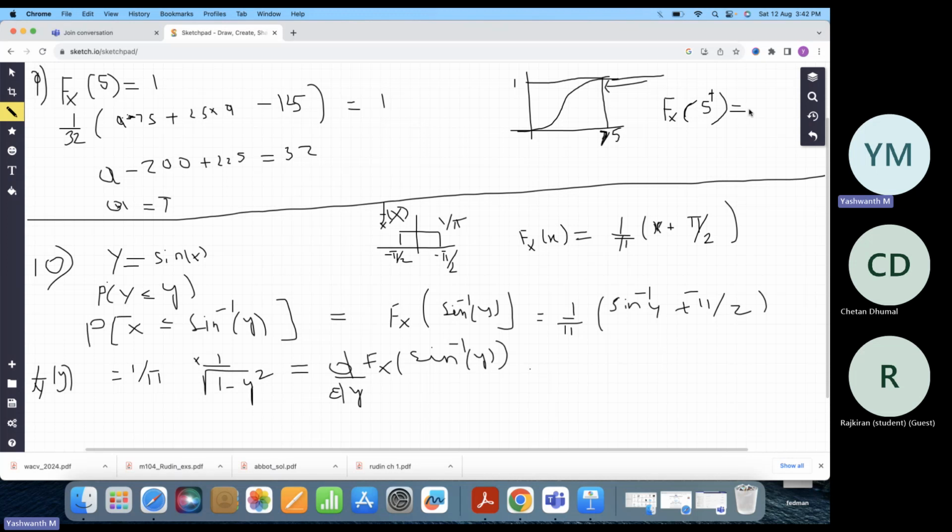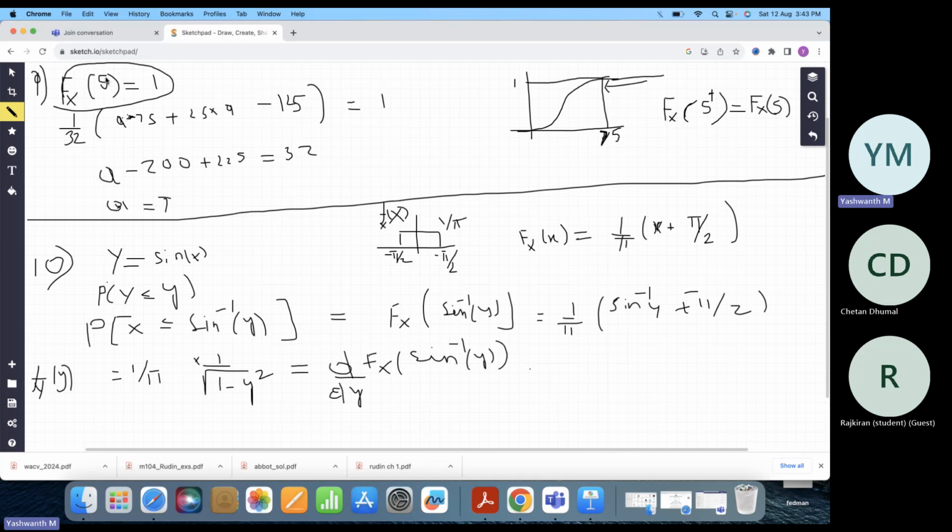So by definition of this CDF, Fx of 5 plus is nothing but the value for x greater than 5, right? That is 1. This is given to be 1. That's why Fx of 5 is 1.